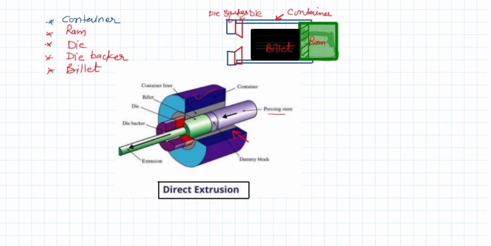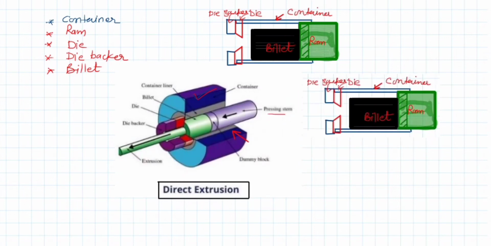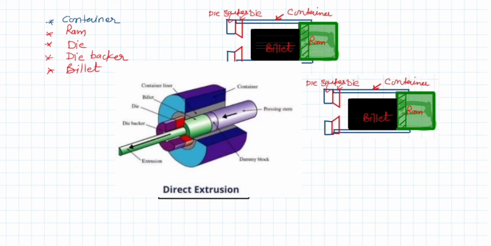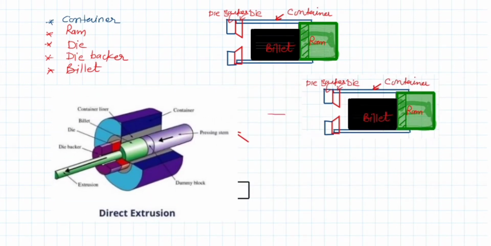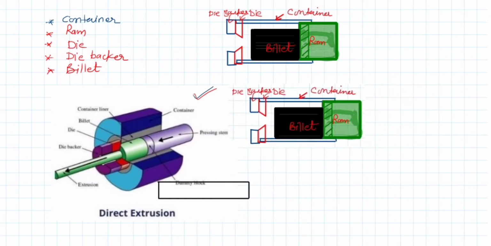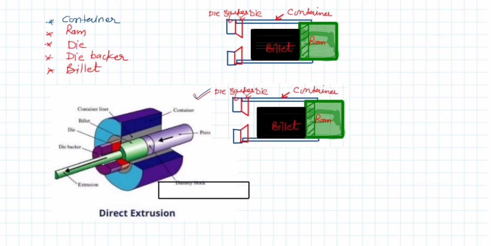So what happens? When we apply the forces on the ram, these forces get transferred through the pressing plate to the billet material, which makes it move in this direction.